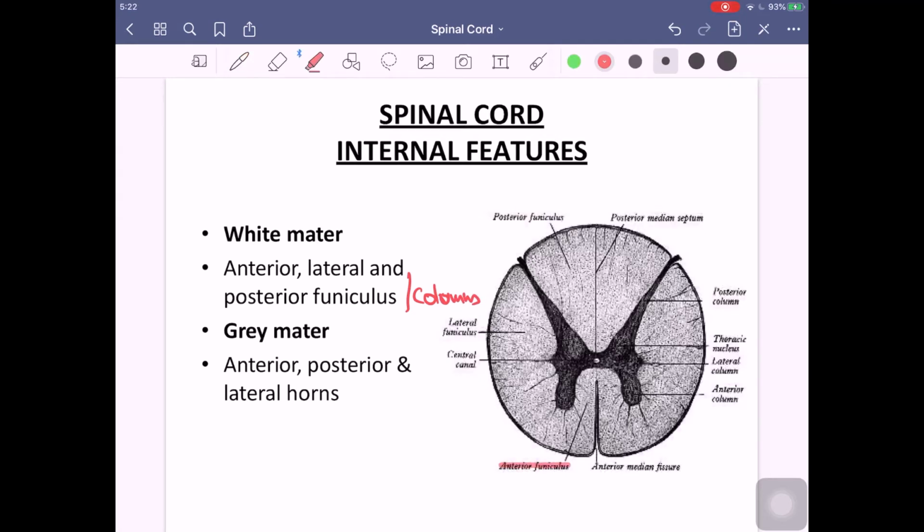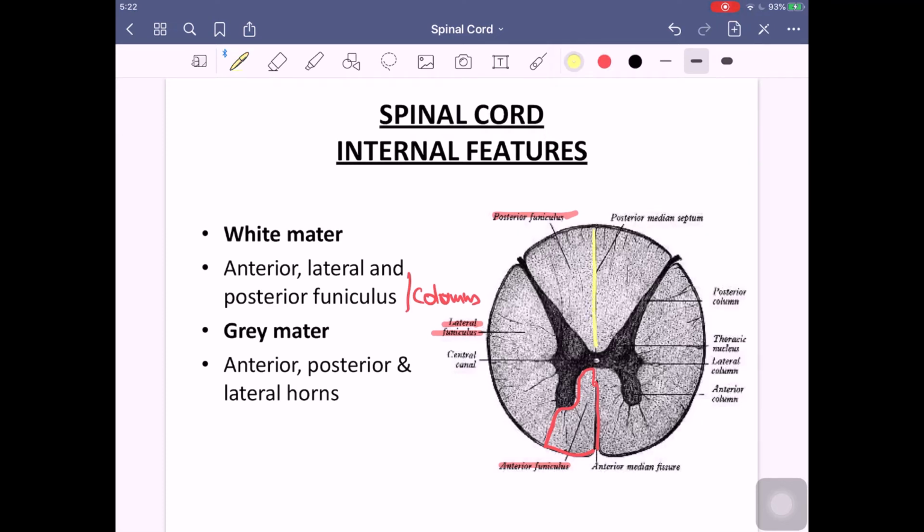This is the anterior funiculus, which is in the front. Then you have the lateral funiculus, or lateral column, and the posterior funiculus. The anterior funiculus is located between your anteromedian fissure and your anterior horn. This entire portion of white matter, which I have now colored, is what we call the anterior funiculus or anterior column.